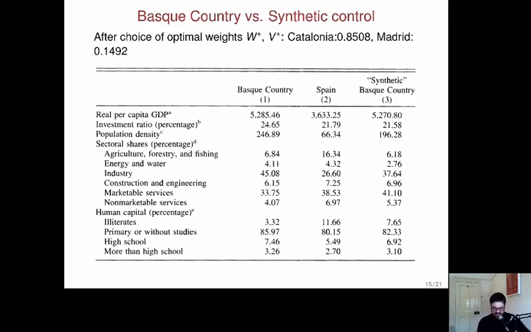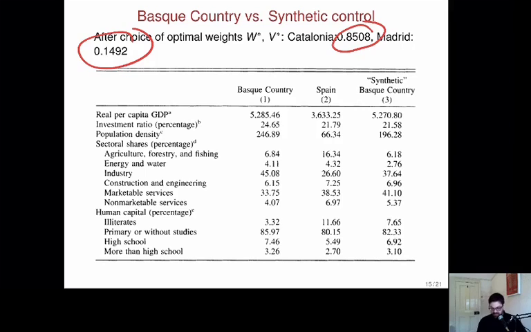And when they do that, what comes out is that the synthetic control for the Basque Country, the weight only rests on 2 out of I don't know how many Spanish regions. So Catalonia gets 85% of the weight, Madrid gets the remaining roughly 15%, and that's it. So all the other regions, and not by the researcher's choice, but by the choice of the algorithm, get a weight of 0.